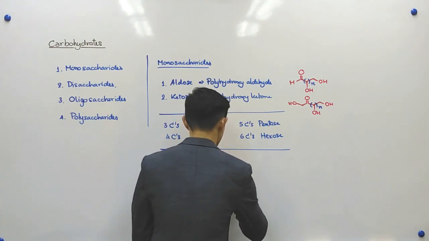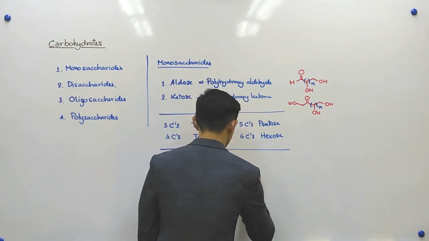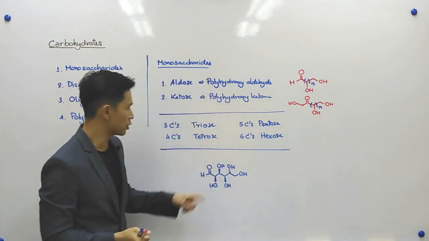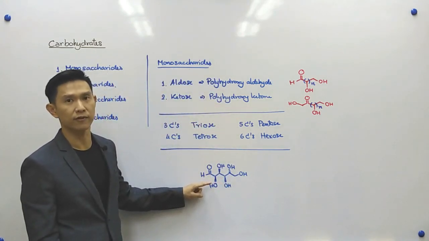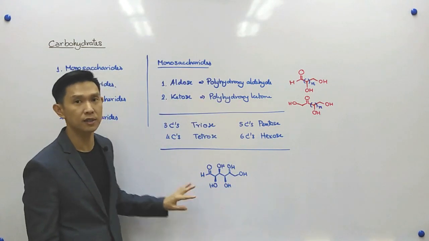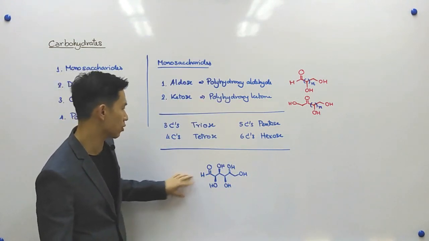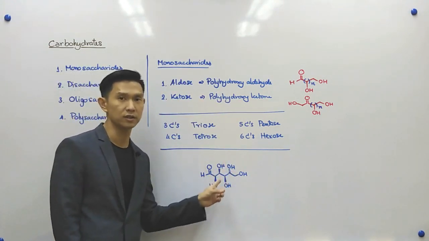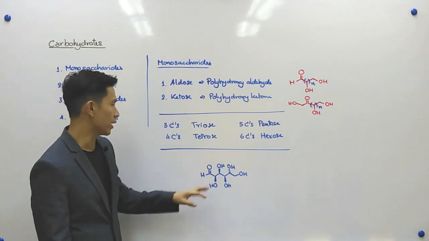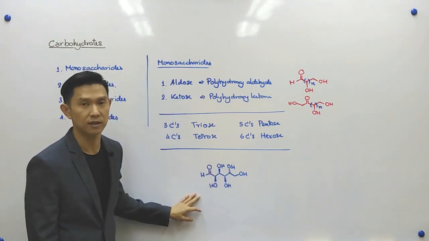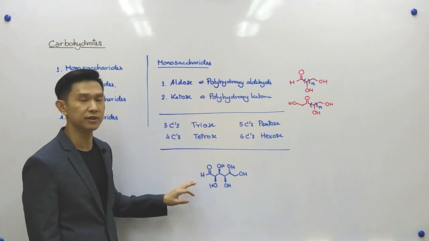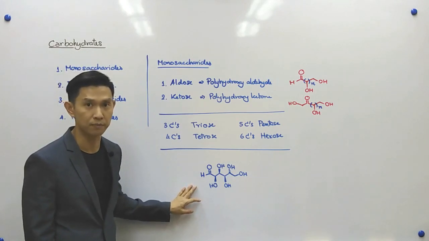You may notice that in the bonding I draw here, I show you the direction of OH, whether it's pointing upwards from the whiteboard or pointing downwards into the whiteboard.